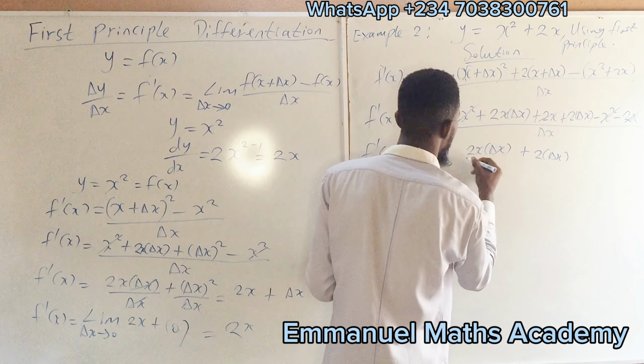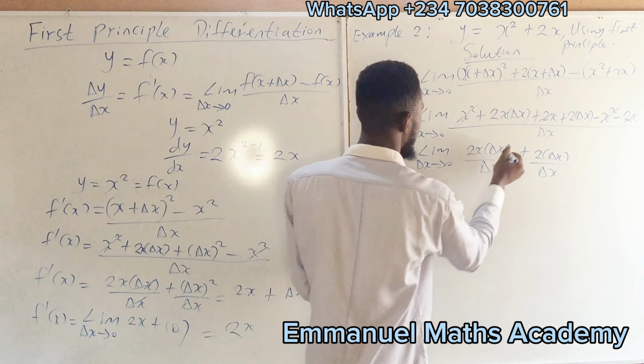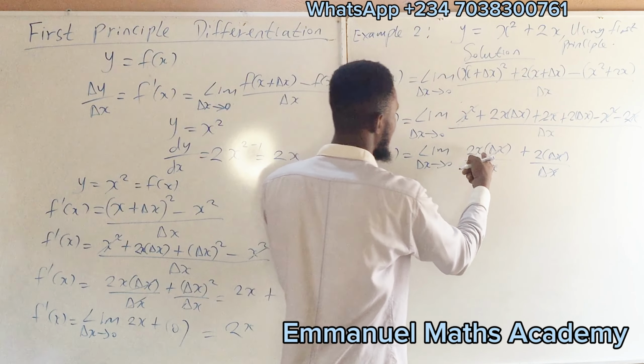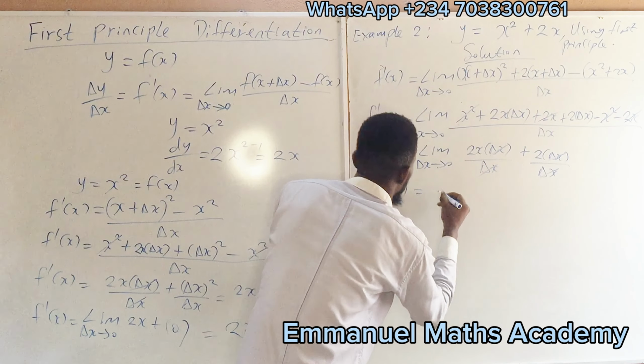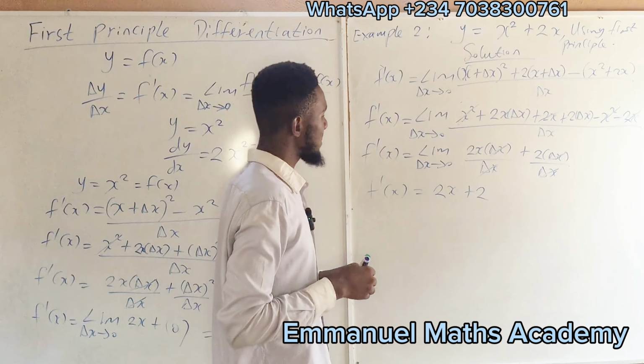Now separate this. You have this over delta x, this over delta x. Delta x will cancel delta x. Delta x will cancel delta x. You now have that f prime of x is equal to 2x plus 2. As simple as that.